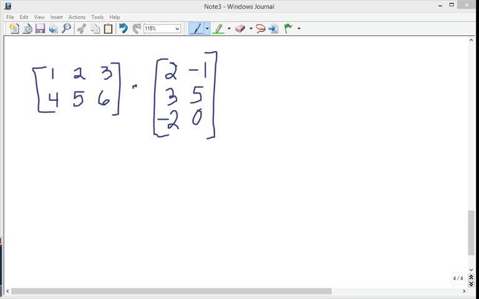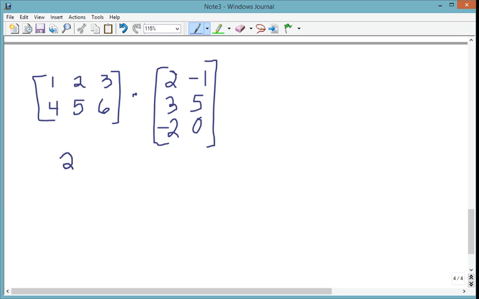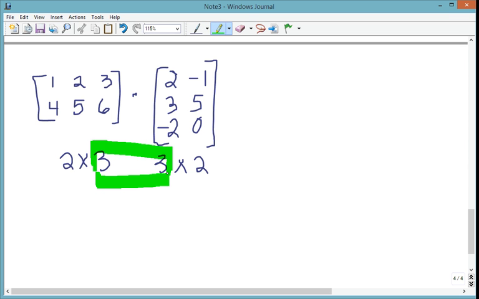Okay, this one, the first one, is a 2 by 3. The second one is a 3 by 2. The important thing is that these two numbers have to match in order, right? So this is not commutative. I can't switch these around. The two numbers in the middle have to match.